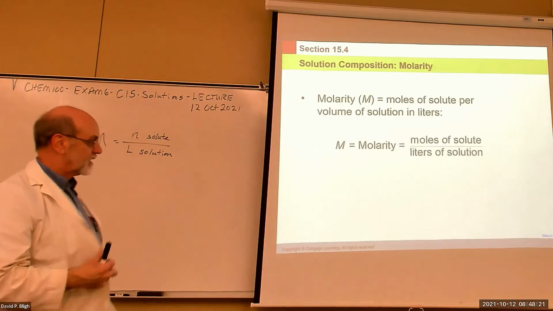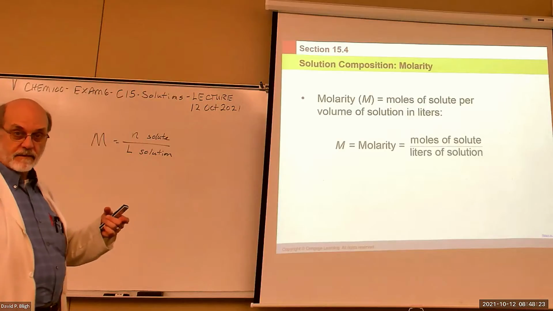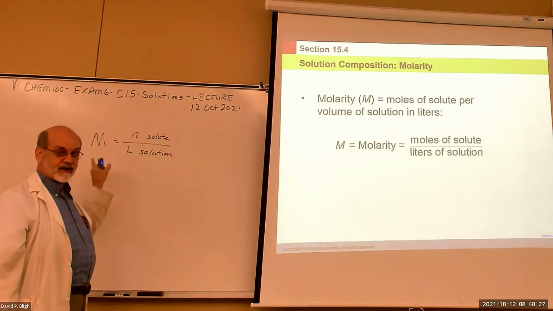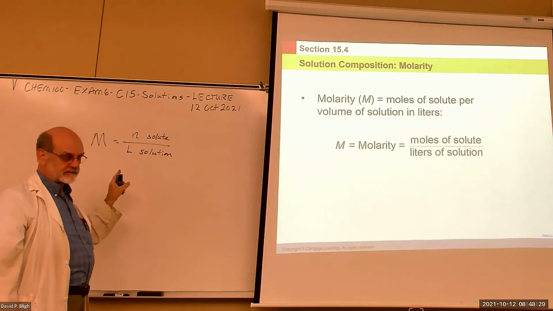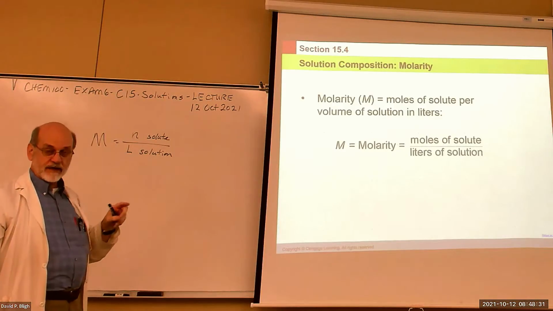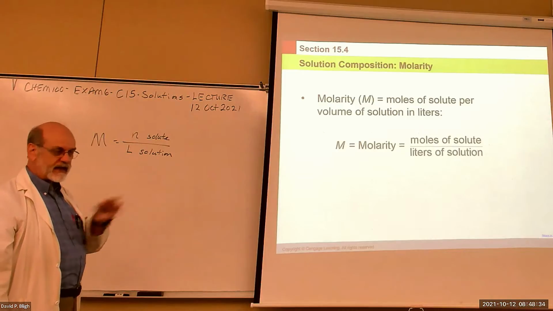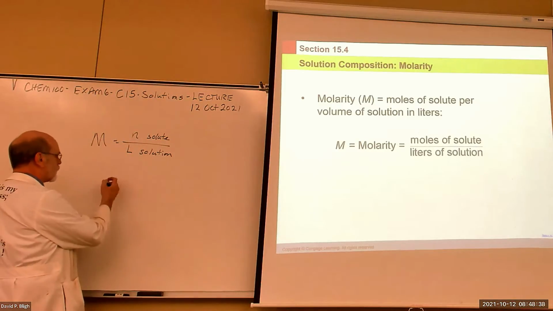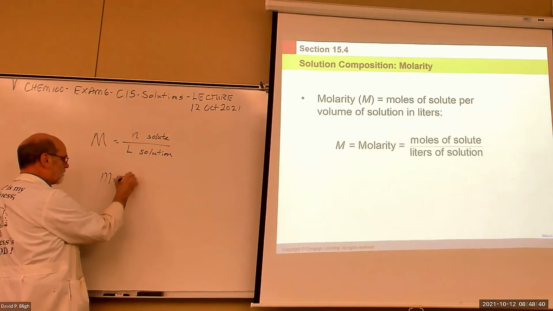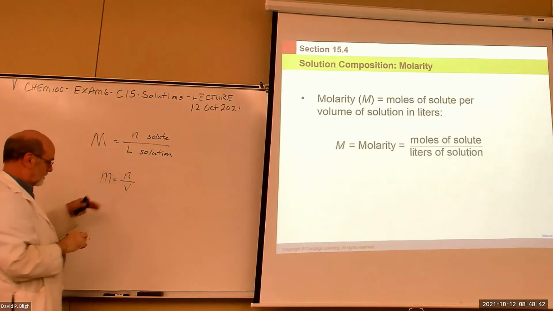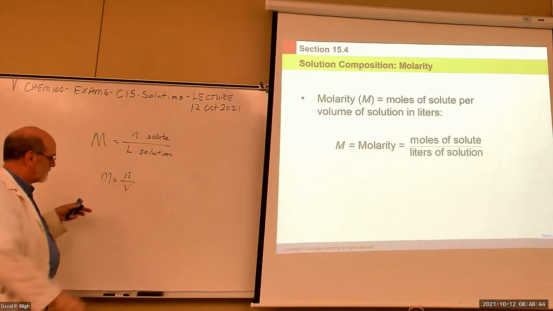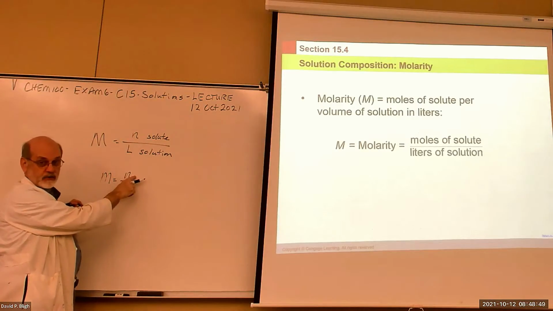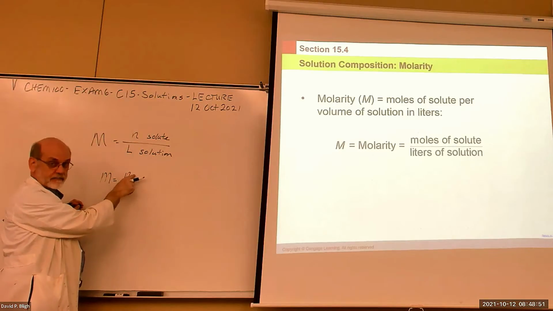Okay. So since it's a formula, if we know 2 of these values, we can solve for the third one. Because that makes just one unknown. Any equation with only one unknown left can be solved. So if we write it like this, there's your formula. If we know the volume and we know the molarity, we can find out how many moles there are in that volume.